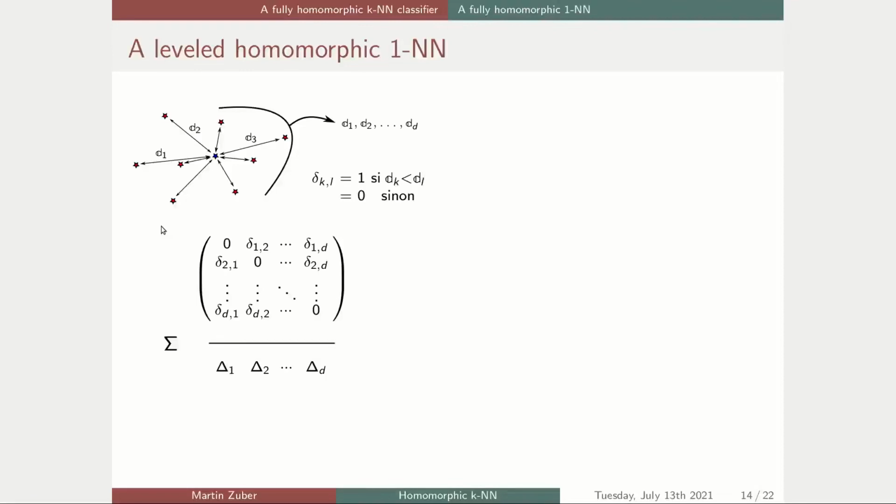So in order to determine the smallest distance, we can just ask which of these big deltas is equal to d minus 1, which would mean that all of the deltas in their column are equal to 1. This algorithm is going to give us the one nearest neighbor vector as an output.